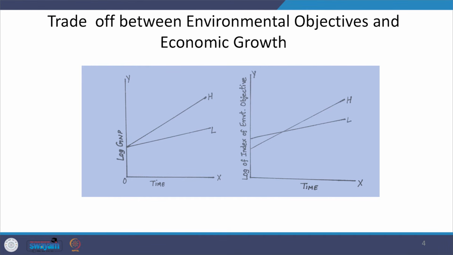I can explain the trade off between environment objective and economic growth by using these two graphs. In the first graph, you will see that on the horizontal axis time is taken as a variable, and on the vertical axis we are taking GNP in log.